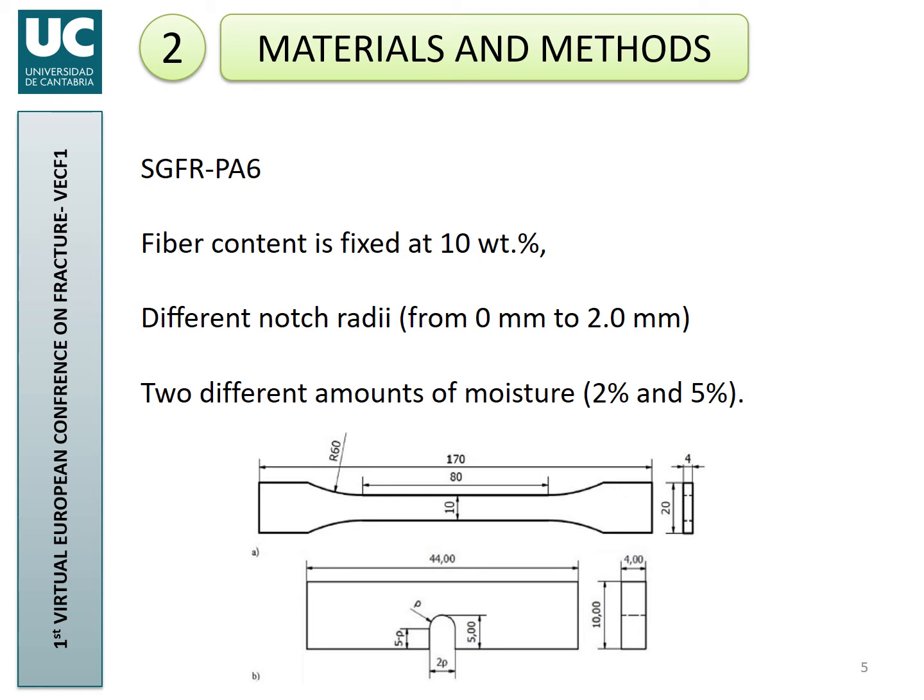So the first situation will be a crack-like defect. And then we will consider two different amounts of moisture, 2% and 5%. This latter value corresponds to the saturation value. That is, the material is not capable to absorb more moisture.